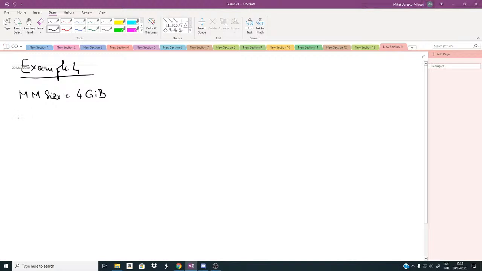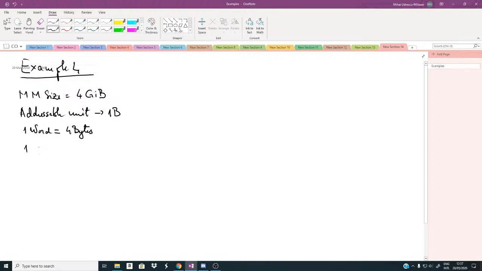In such a system, the addressable unit is the byte, right? So each and every byte has to have a distinct address. One word would be on 4 bytes.